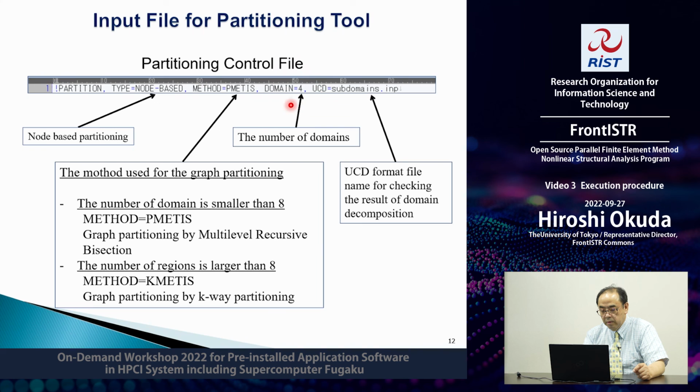The important information is the number of subdomains. In this example, it says you need to divide a domain into 4 subdomains.